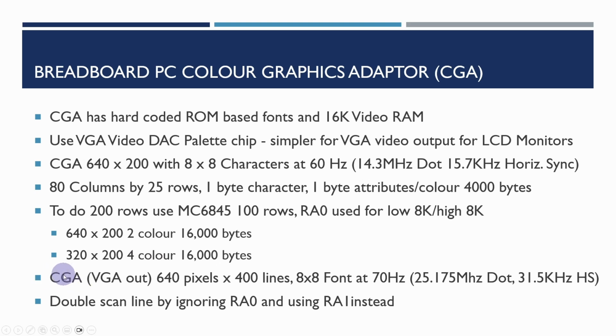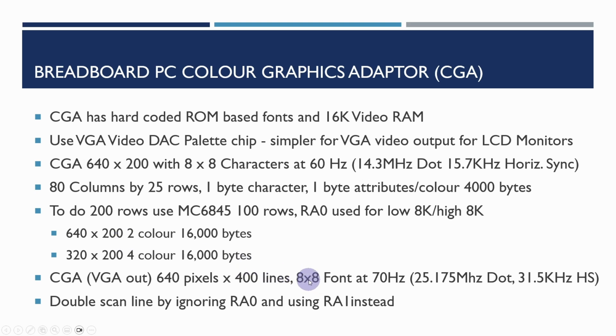So it's software compatible with CGA, but the physical output will actually work with more modern monitors and video capture cards. So the output we're going to be providing is 640 pixels by 400 lines rather than 200 lines.